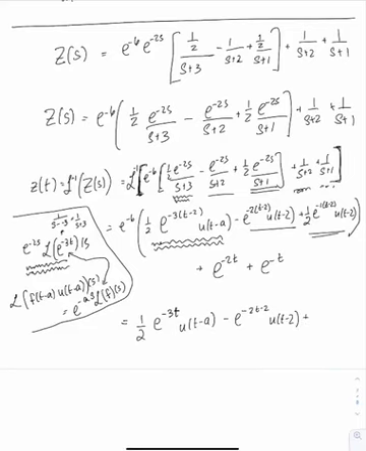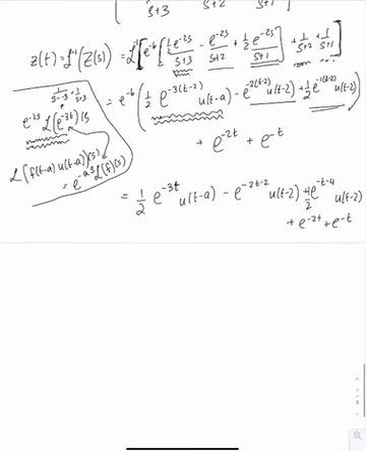And this is plus 2 minus 6. So it is 1/2 e to the minus t minus 4, u of t minus 2, plus e to the minus 2t plus e to the minus t.